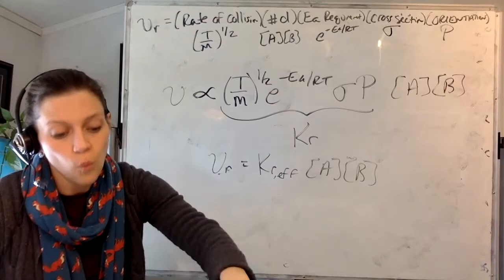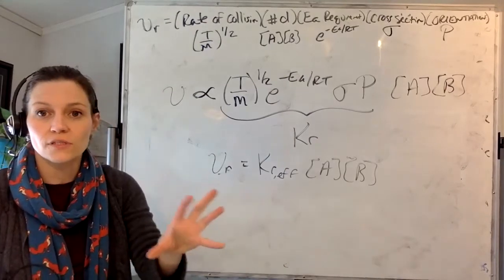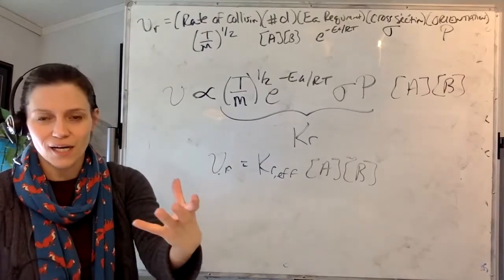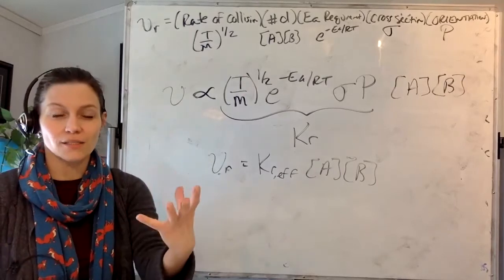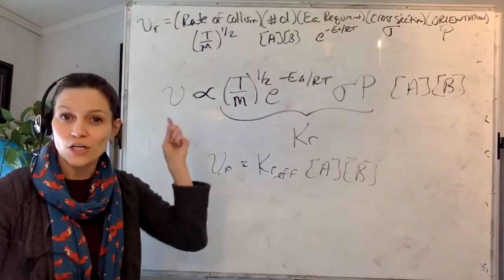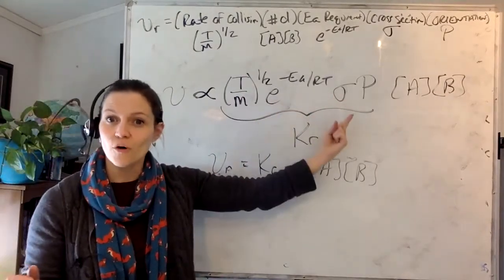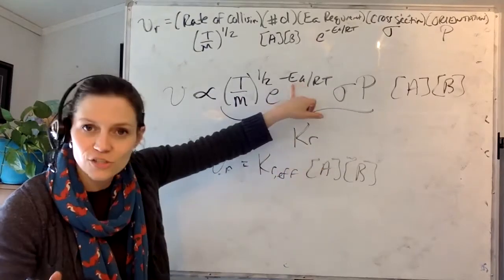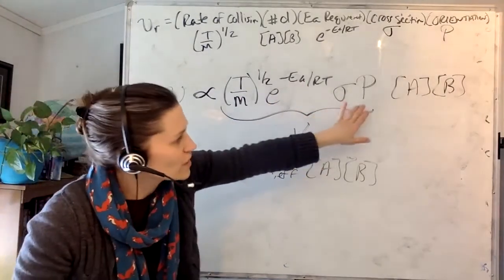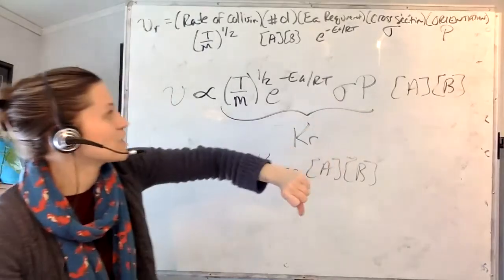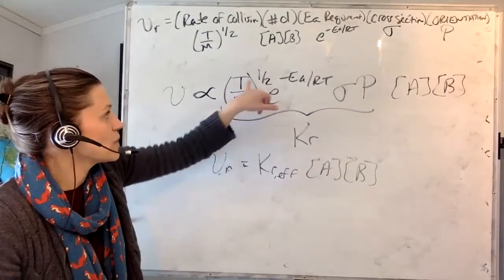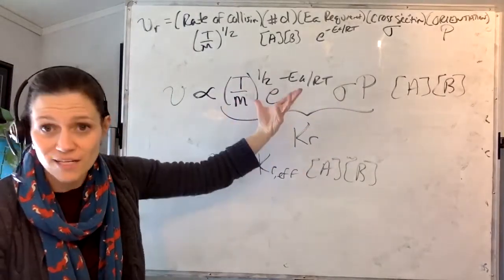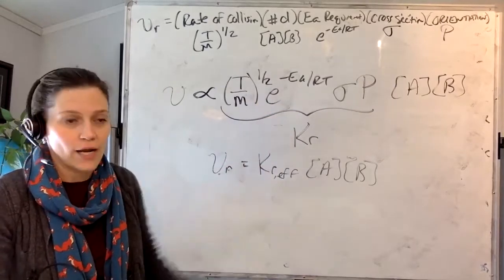And you can see why now so many of us want to know, well, what's the rate constant? And you're like, it's just a number, who cares? It's so much more than a number. Look what you have access to if you know where to look. You can determine the energy of activation. You can determine steric hindrance effects. You can determine the cross section. You can understand things about the molar mass relationship, of how much does a molar mass affect the reaction rate.